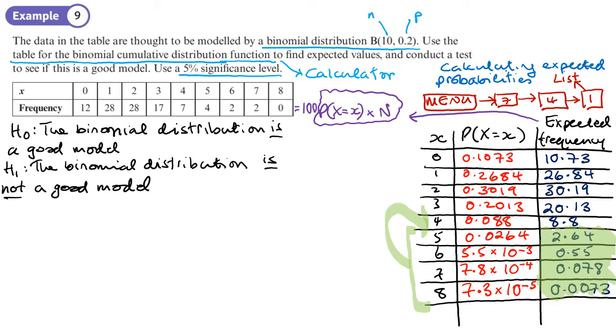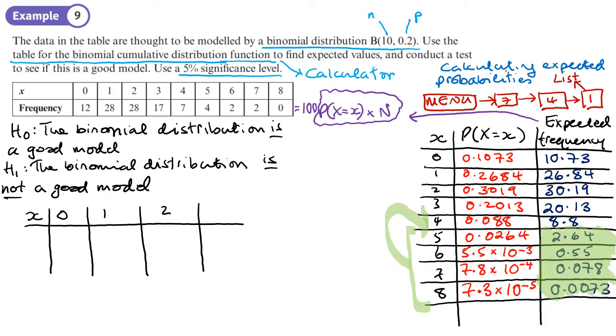So now my table's going to look like this, with x at the top, and I'm going to have 0, 1, 2, 3. Now basically anything 4 or more, so greater than or equal to 4, is going to get combined in that cell.